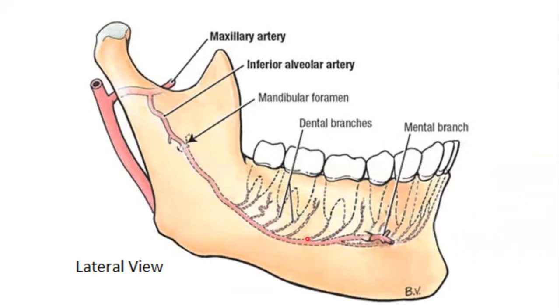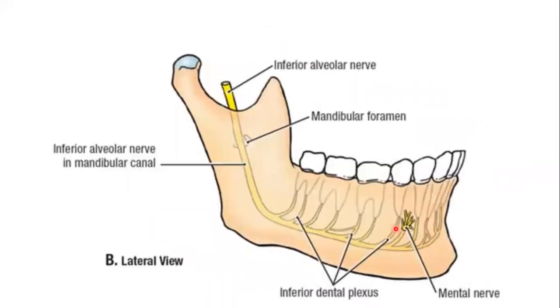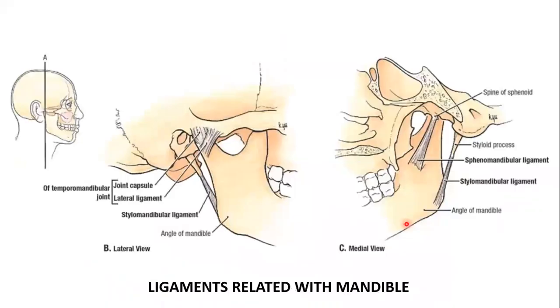So here it runs into the substance of the bone, this inferior alveolar artery, and gives the mental branch. Very important nerve, inferior alveolar nerve. Here it comes and it is entering the mandibular foramen into the mandibular canal, running in the substance of the bone, and emerges here as the mental nerve. It's a branch of the inferior alveolar nerve.